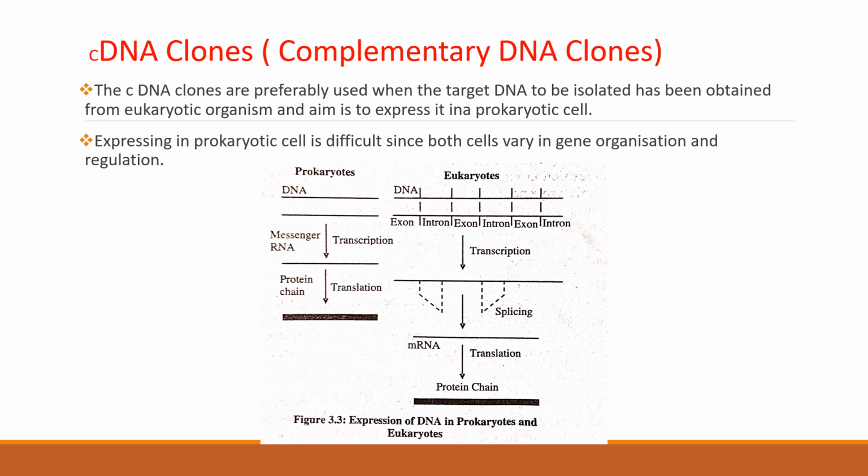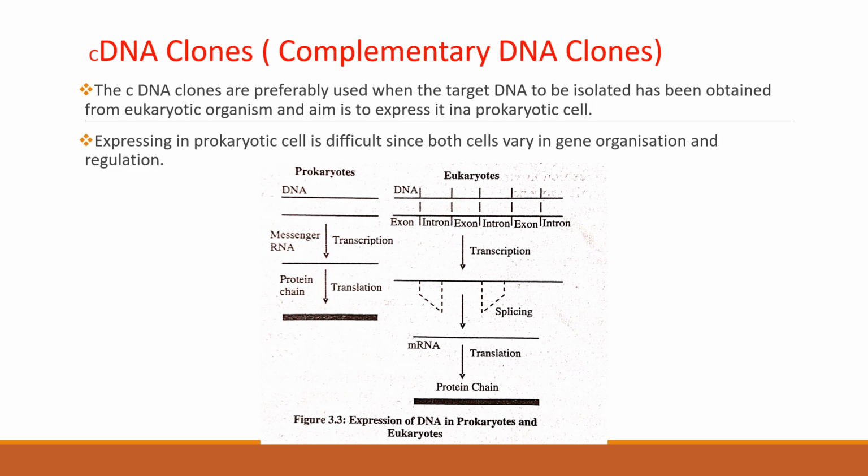Complementary DNAs are preferably used when the target DNA we have taken is from a eukaryotic organism, because then it cannot be inserted into a prokaryotic host cell, since prokaryotic cells have a different genetic organization. Here you can see that in prokaryotes, DNA after transcription is converted into messenger RNA, then into protein.